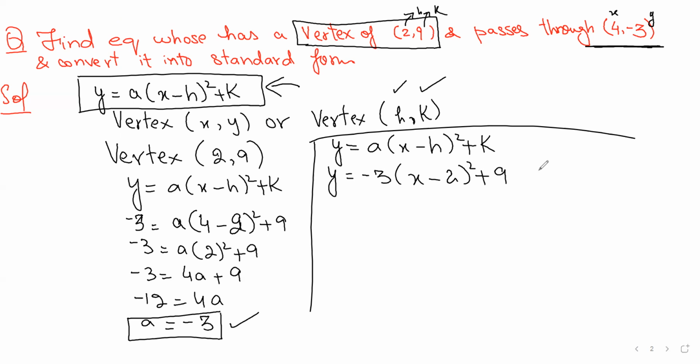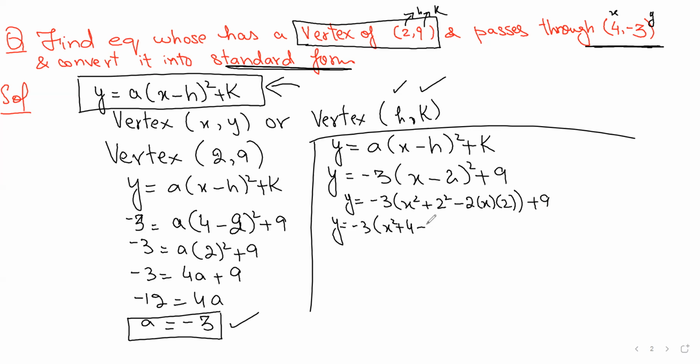But here we have to convert it into standard form. In order to get standard form, I have to expand the bracket. So I'm expanding it, applying the second identity: square the first term, plus square the second term, minus twice the product of the first and second term. If I simplify it, it will be negative 3 times (x squared plus 4 minus 4x) plus 9.